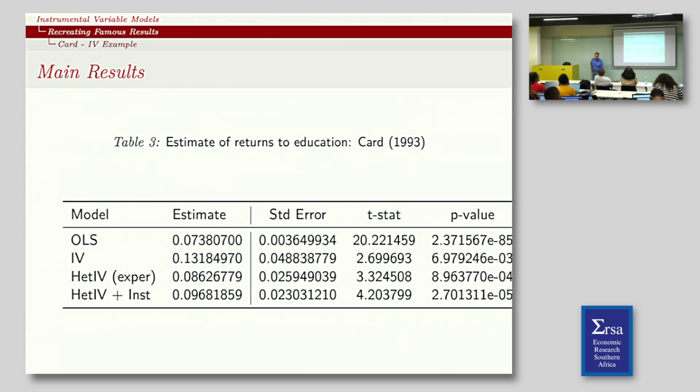This is the idea. Additional instruments tend to lead to slightly smaller standard errors, at least when I'm comparing these two and these two. I could compare either one of these two standard error-wise, because they both have 2 relative to 1. But you'll see from this, well, let me rephrase. The IV estimate certainly contains in its confidence interval all the other estimates.